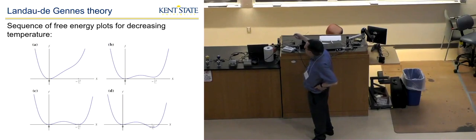As we continue to reduce the temperature, the nematic state now gets lower in free energy than the isotropic state. And so here we have a phase transition from isotropic to nematic.